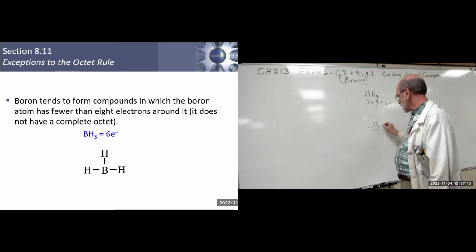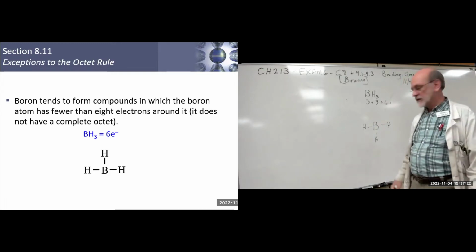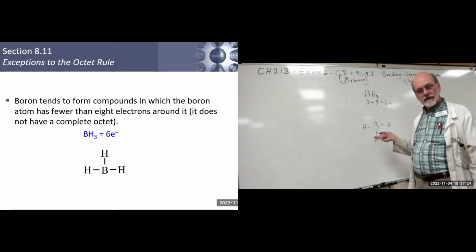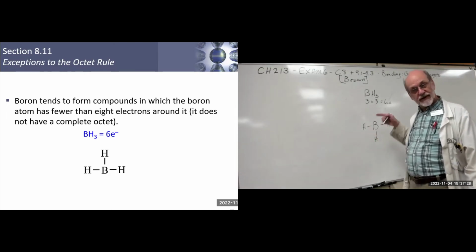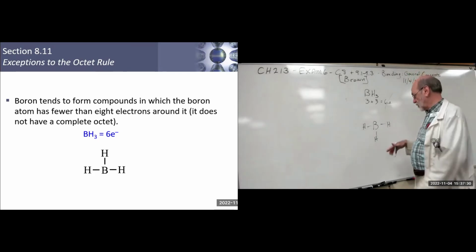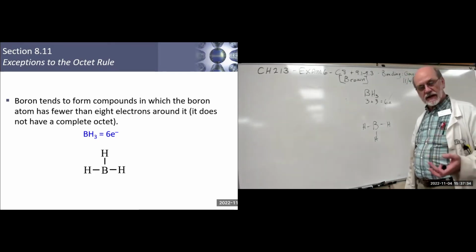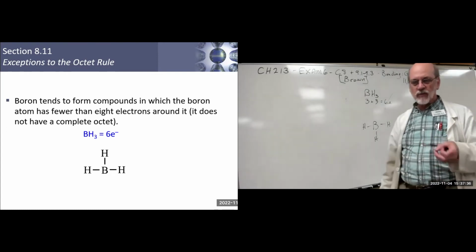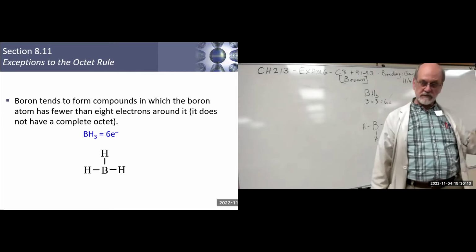If we draw the structure, they're all used up. Boron cannot have an octet, but it exists. So that's it. That's the best we can do. It is deficient in electrons. This happens with boron. It happens with beryllium too, the next one to the left of boron.